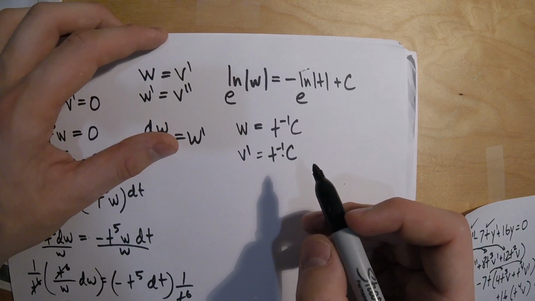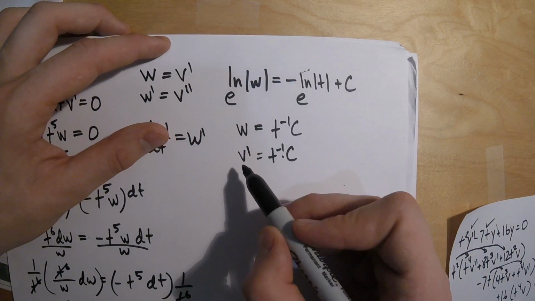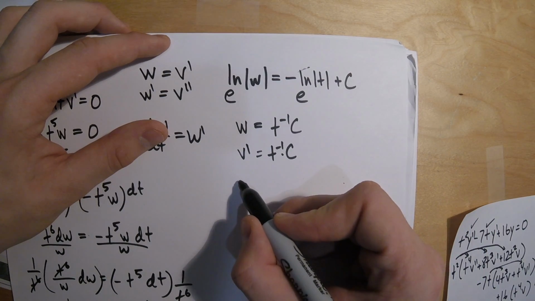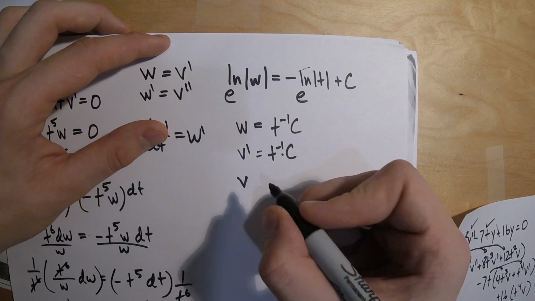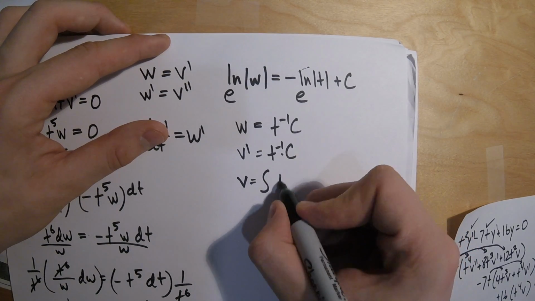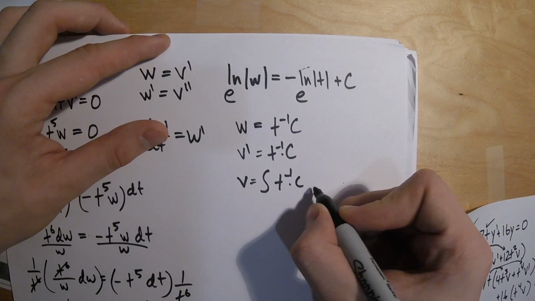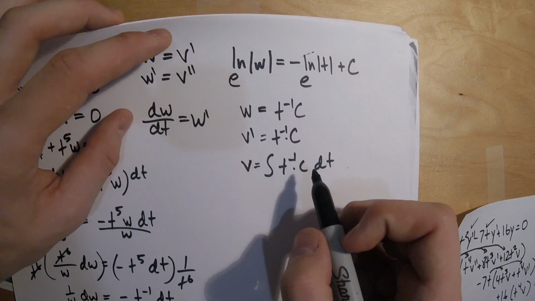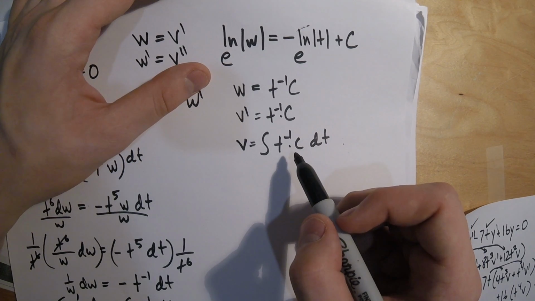However, I don't want to get v prime, I want to get v. So how exactly am I going to do that? V is going to be the integral of t to the negative 1 times c, integrated in terms of dt.